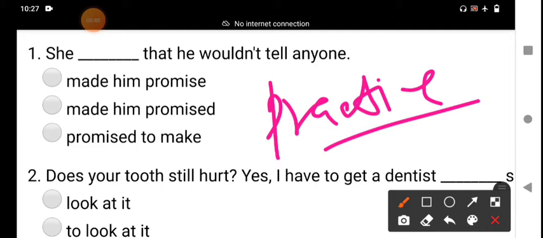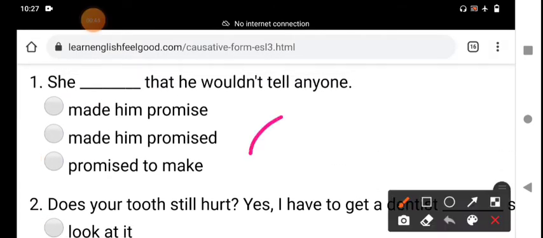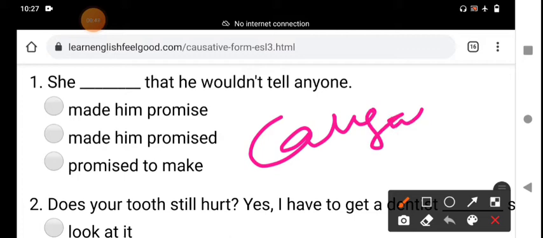Causative verbs are action words that cause another thing to happen.